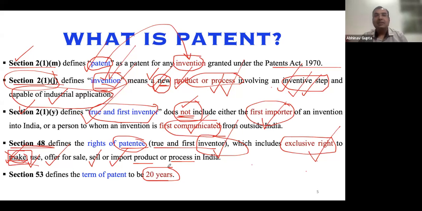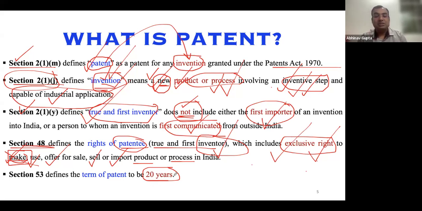Plain and simple, right? When we talk about trademark and trade secrets, there is no limit. In trademark, you can always renew your trademark registration every 10 years, and you can keep doing that. But you can't do it for a patent. When you have invented something, for how long can you exploit your patent?